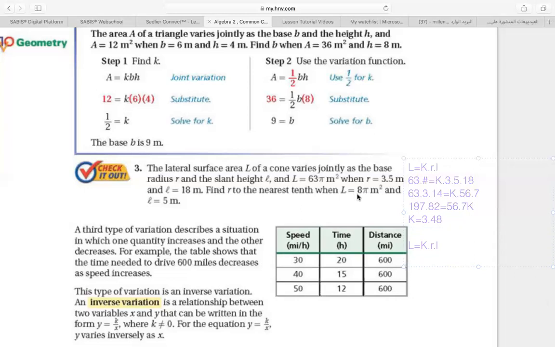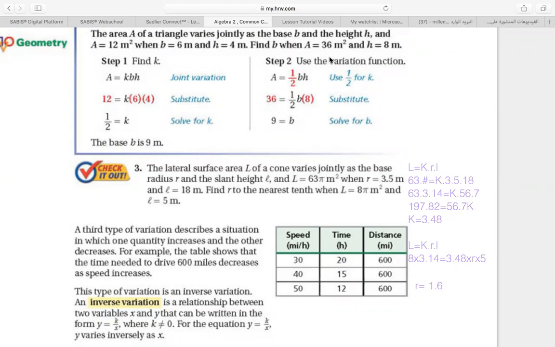So L is equal to 8 multiplied by 3.14 equals k, which is 3.48, times R that I want to know, times l that is 5. So when you multiply 8 by the value of pi, which is 3.14, and on the other side you multiply the value of k and the value of l, that is 5, then finally you will get R.